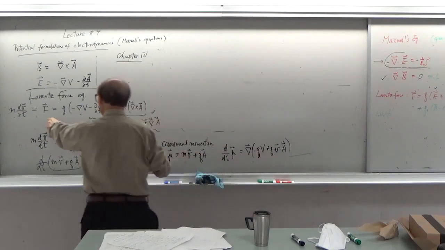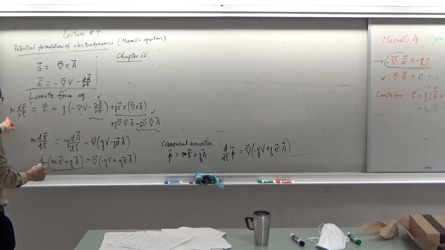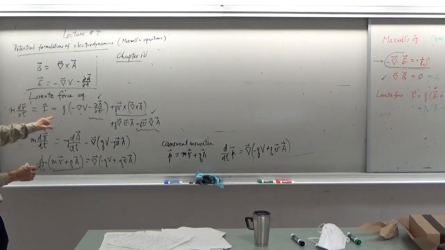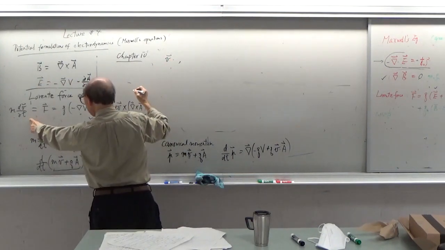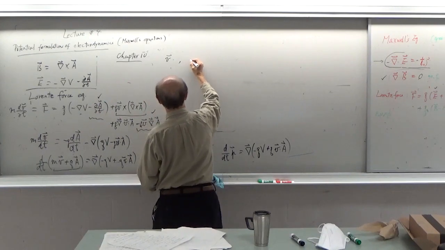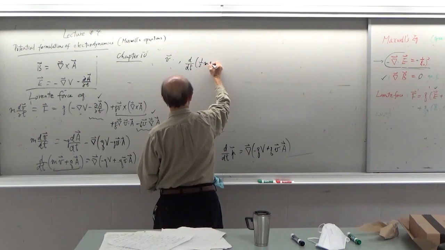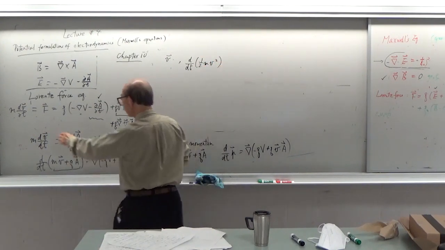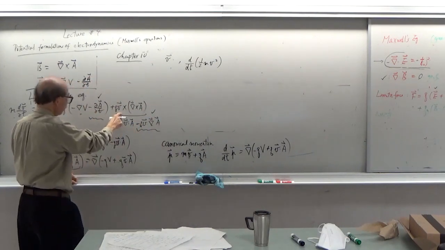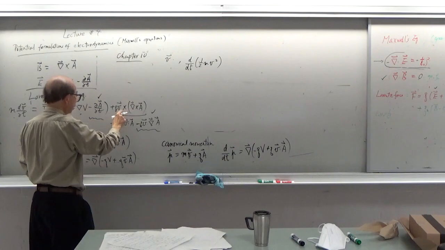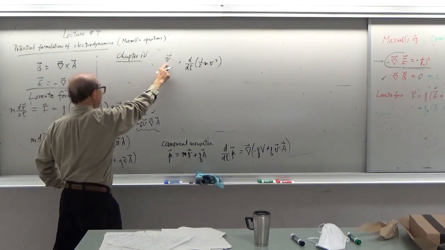All right, let me go back to this Lorentz force equation. If I take the dot product of both sides with v, on the left-hand side that would be d by dt acting on half mv squared. The magnetic term will vanish, because that term is perpendicular to v, so when you dot with v it will be 0.